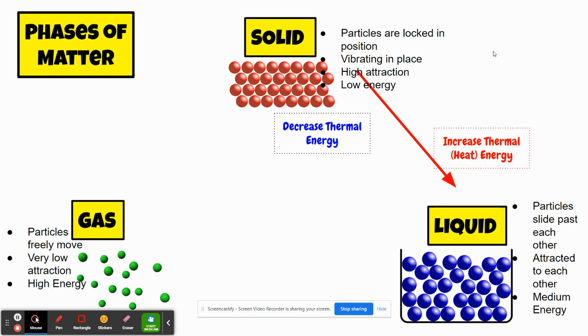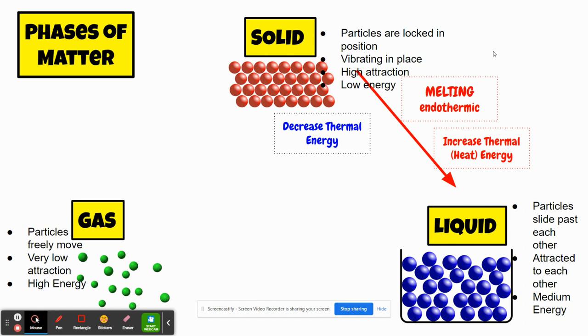This phase change from a solid to a liquid is called melting. It is endothermic. Endo means energy in something. We're going to be talking about endothermic a lot over the next 2 months.